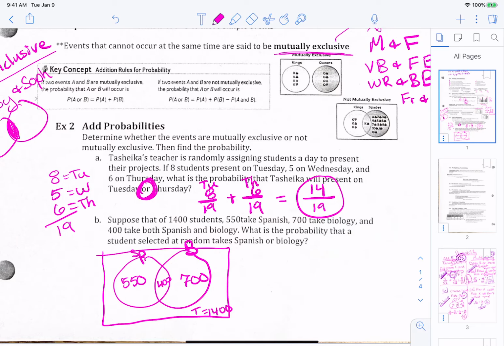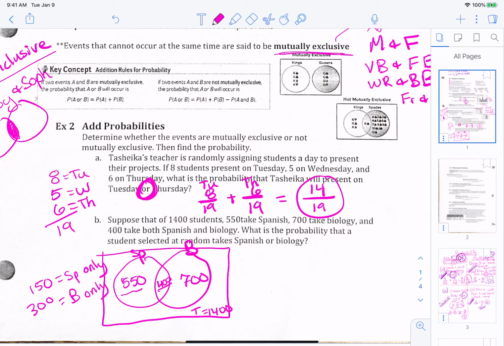There's 550 that are taking Spanish, and 400 of those are also taking biology. So how many only take Spanish? 150. So 150 equals Spanish only. Does that make sense? How many are only biology? 300. 300 are only biology. Does that make sense? 400 out of those 700 are biology and Spanish.